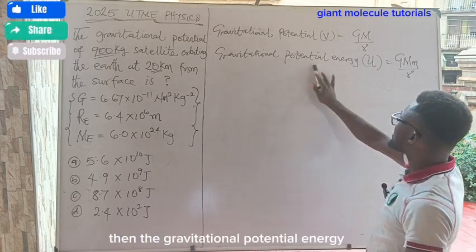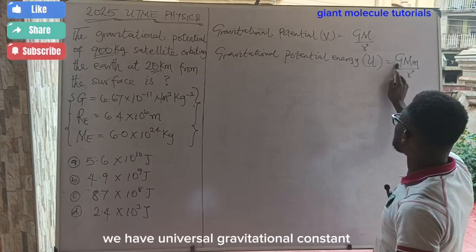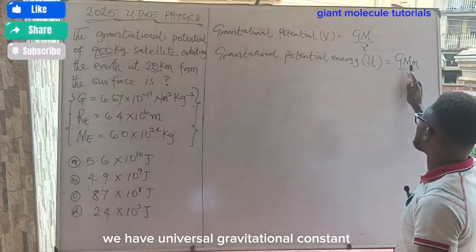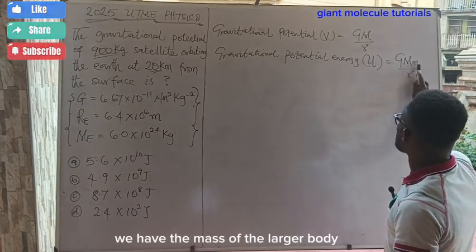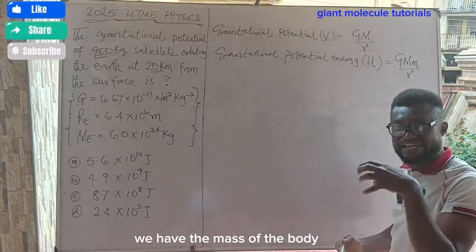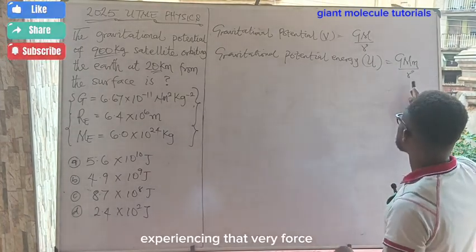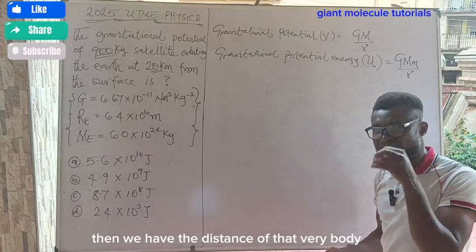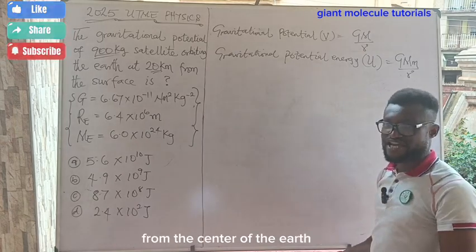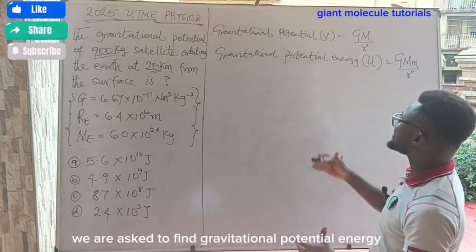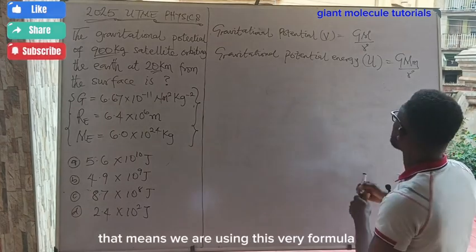Then the gravitational potential energy, we have universal gravitational constant, we have the mass of the larger body, we have the mass of the body experiencing that very force. Then we have the distance of that very body from the center of the Earth. Now, we are asked to find gravitational potential energy. That means we are using this very formula.